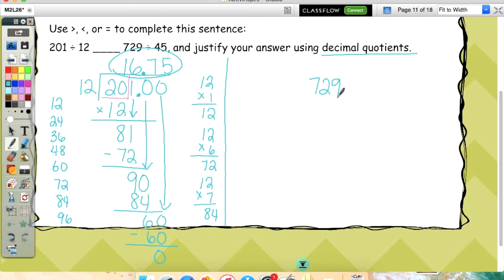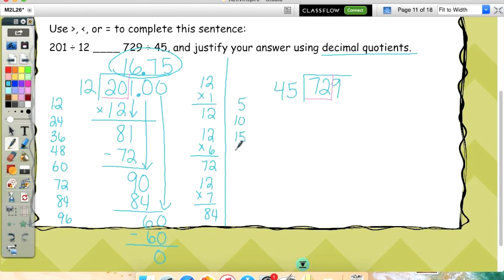729 divided by 45. Okay, where should I put my box? Good. Okay, what should I skip count by?